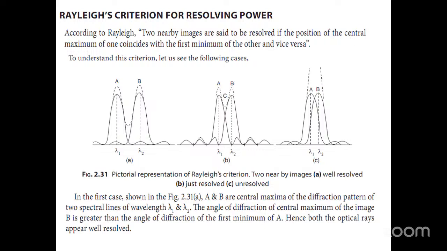The angle of diffraction of the central maxima of the image of capital B is greater than the angle of diffraction of the first minima of capital A. So hence both the spectral lines will appear well resolved. This is the condition.